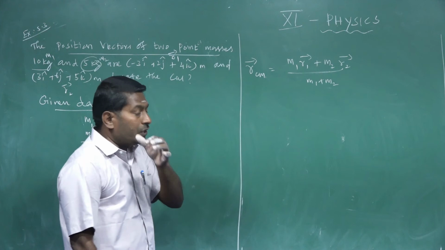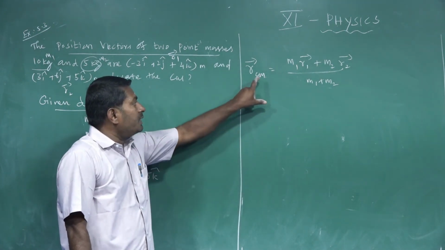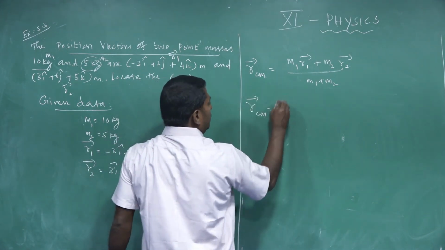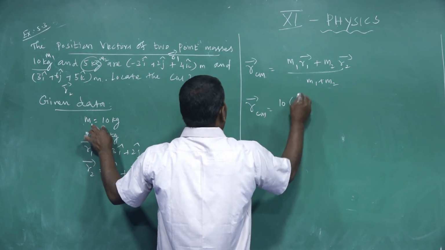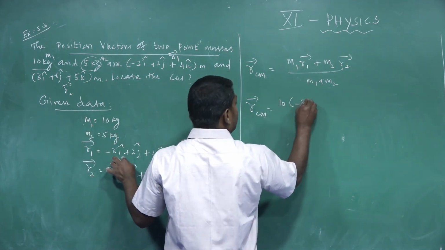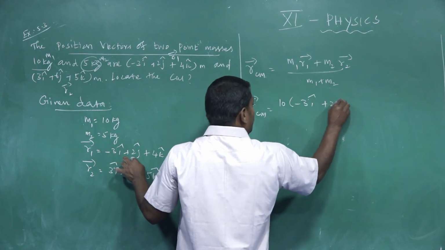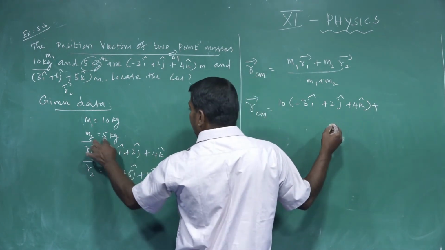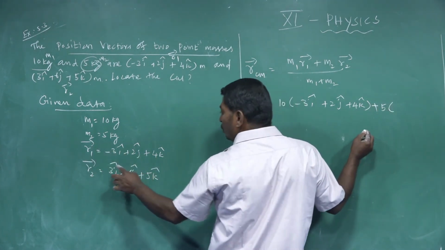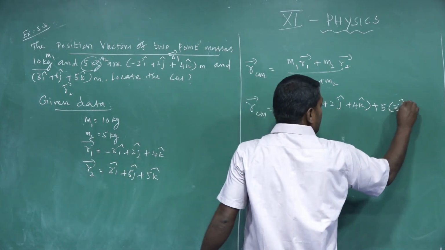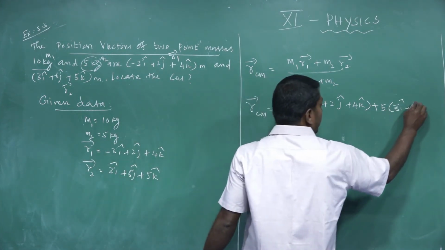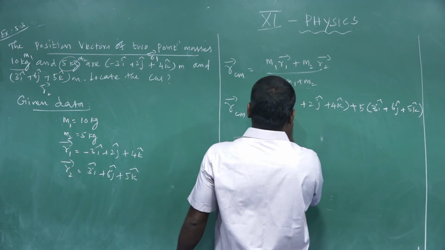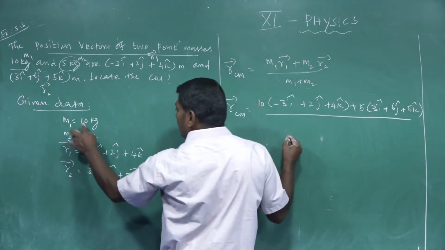In the three-dimensional Cartesian coordinate system, we locate the position of the center of mass point in space. So RCM vector which is equal to m1 value 10, r1 vector minus 3i cap plus 2j cap plus 4k cap, plus m2 5 kg, r2 vector 3i cap plus 6j cap plus 5k cap, divided by 10 plus 5.